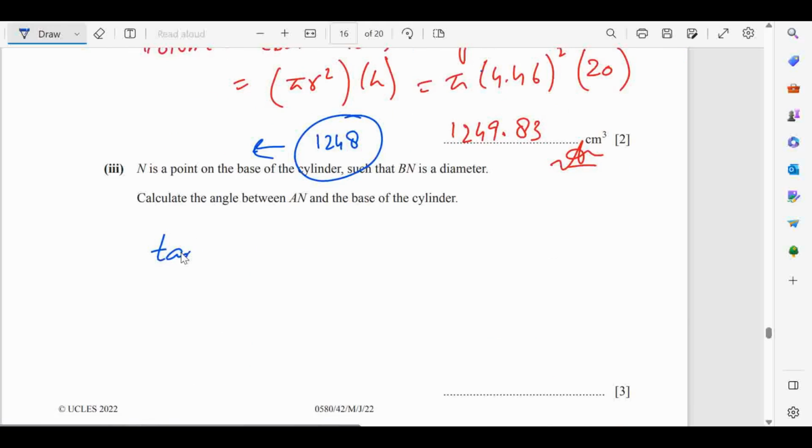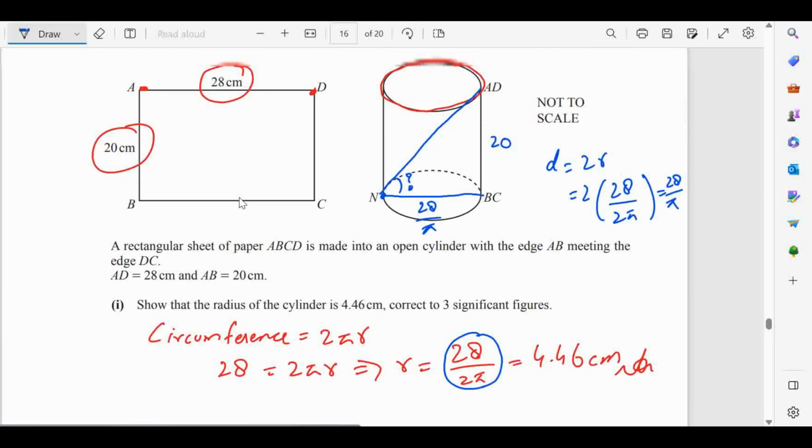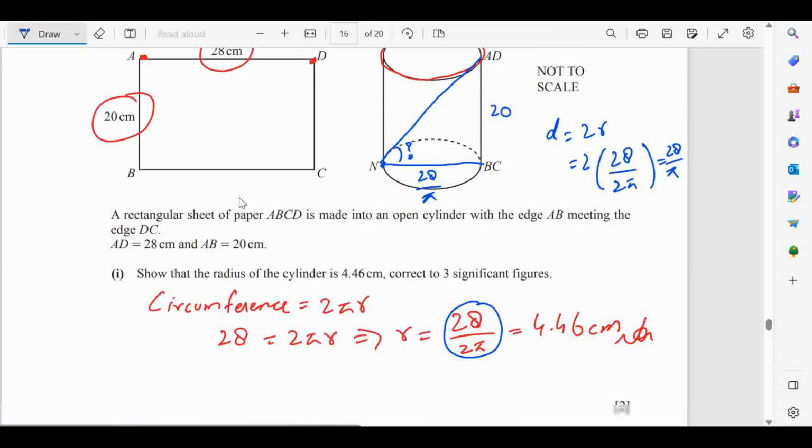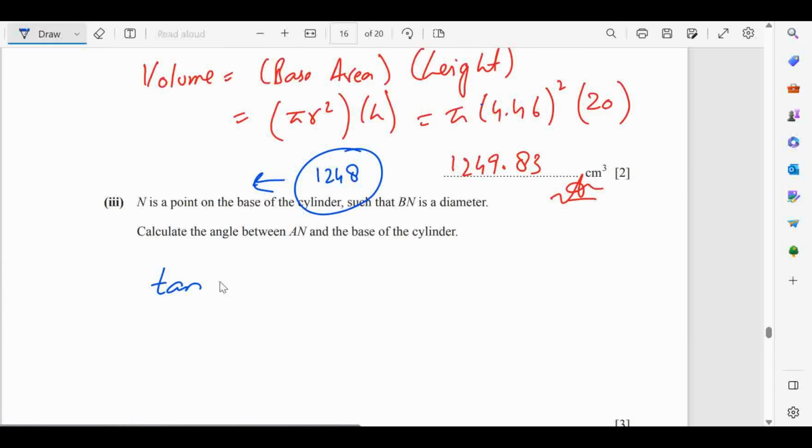So tan of the angle, let's say that was A and B. So the required angle is A and B. This will be perpendicular by base. Base was 28 by pi.